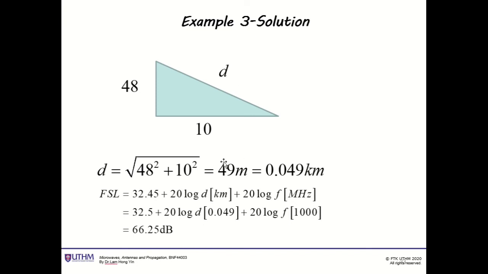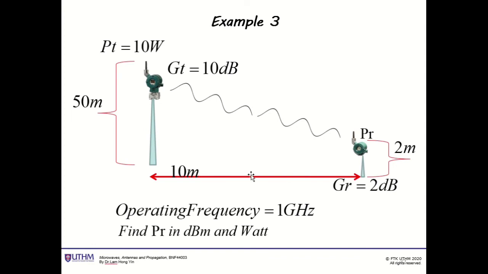So you need to use this value D or R here in the free space loss or path loss. You cannot use the 10 meter distance here because of the angle, because the height of the transmitter is much larger than the height of the receiver.